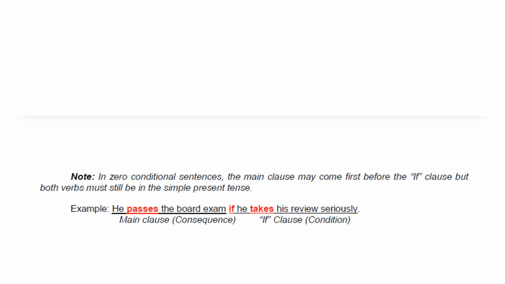Take note, guys, in zero conditional sentences, the main clause may come first before the if clause, but both verbs must still be in the simple present tense.